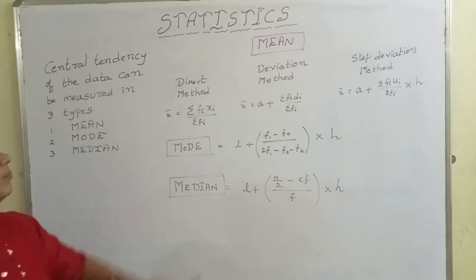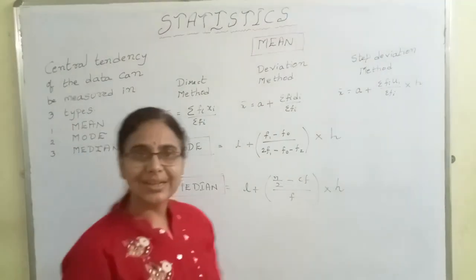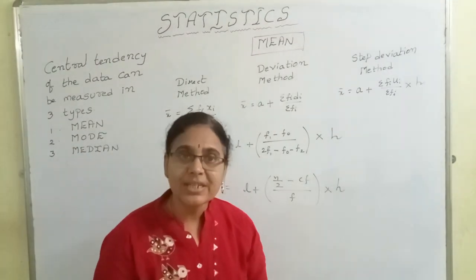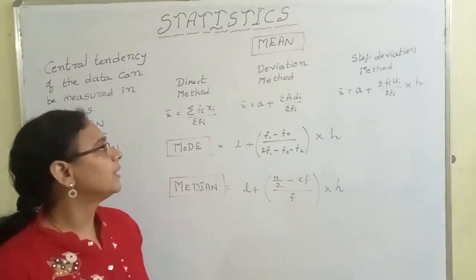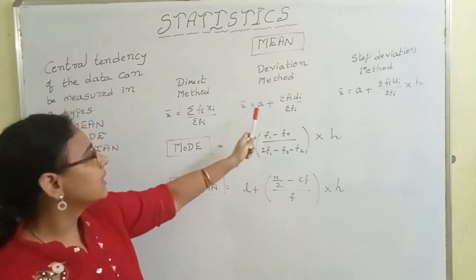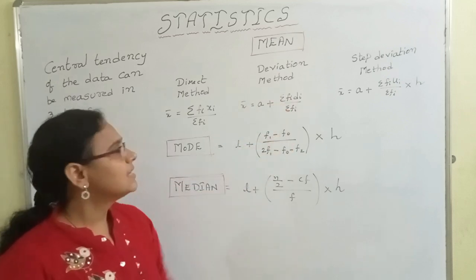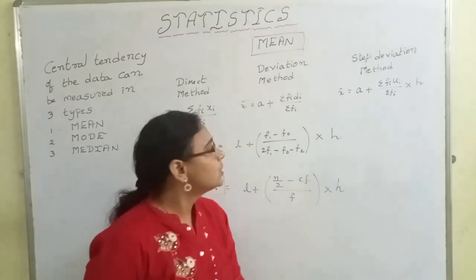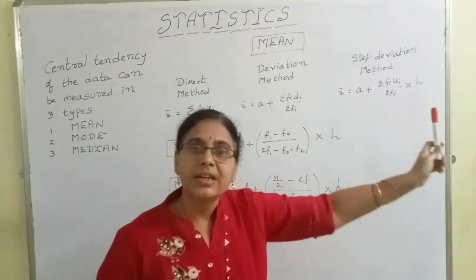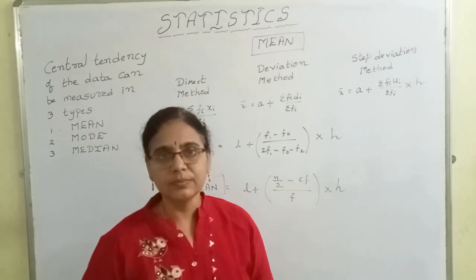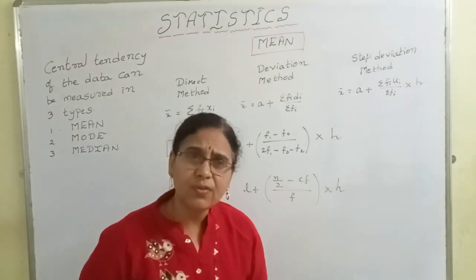Come to the mean. By using three formulas we can find the mean. The first one is the direct method: sigma fi xi by sigma fi. The deviation method: a plus sigma fi di by sigma fi. The step deviation method: a plus sigma fi ui by sigma fi, into h. Why do we have three formulas?